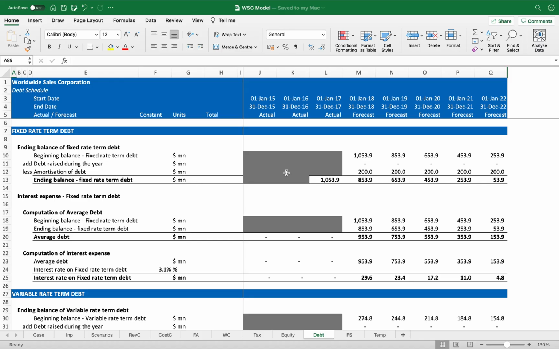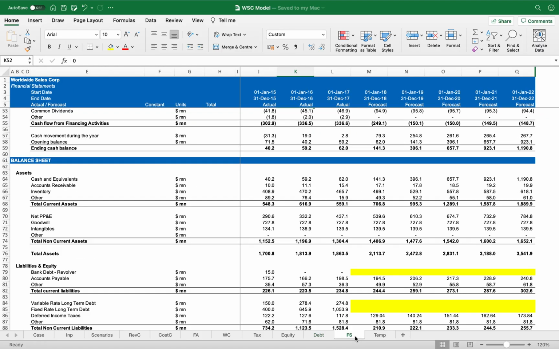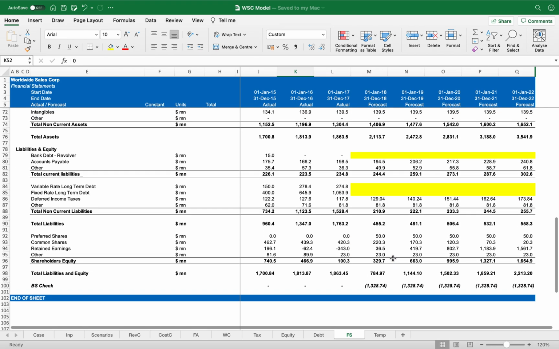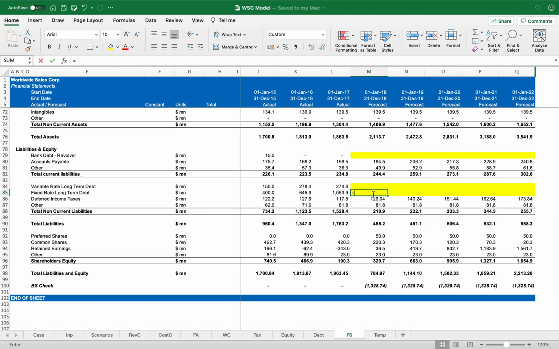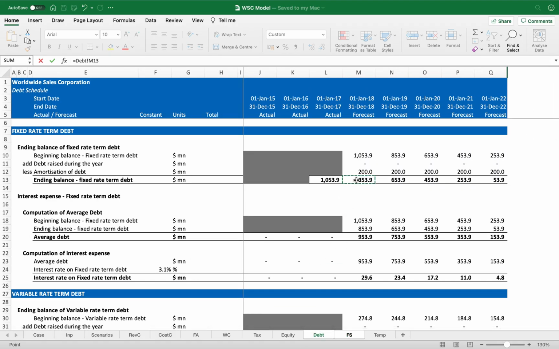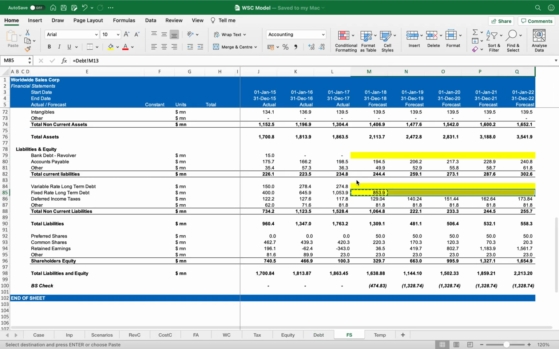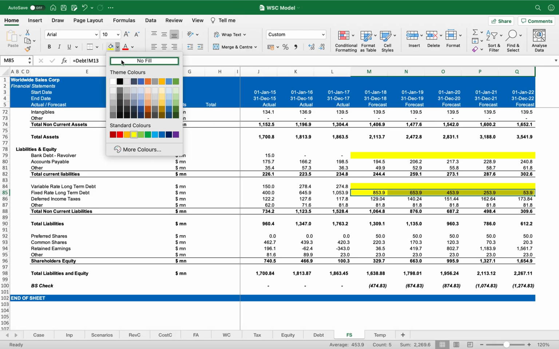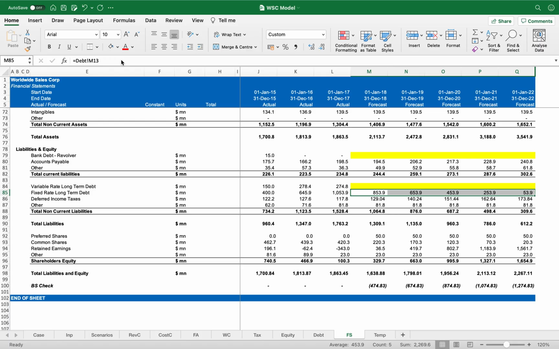Ending balance of fixed rate term debt, I can link it to the financial statements. So first thing, your fixed rate term debt, let me link it to the ending balances. Okay, so that removes your first highlighted row.